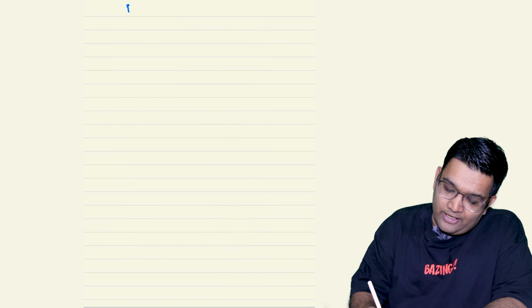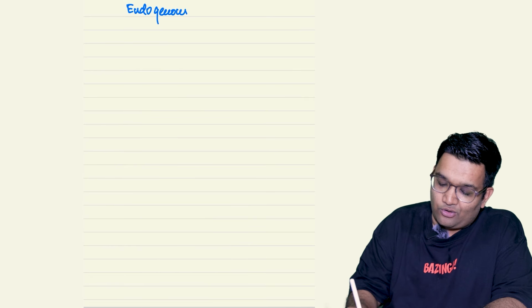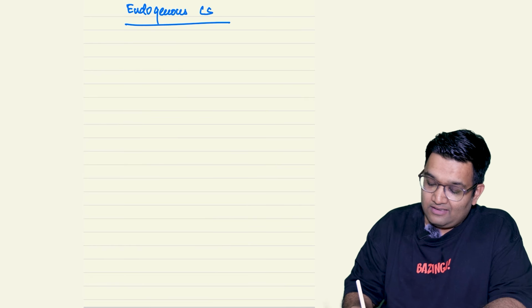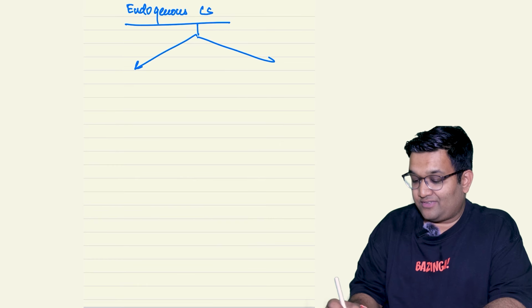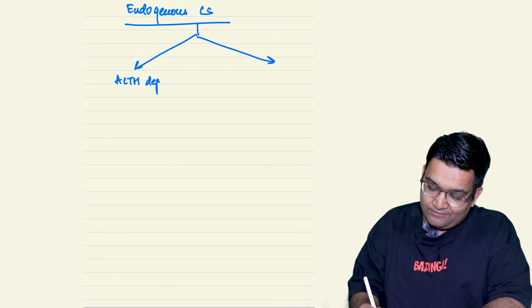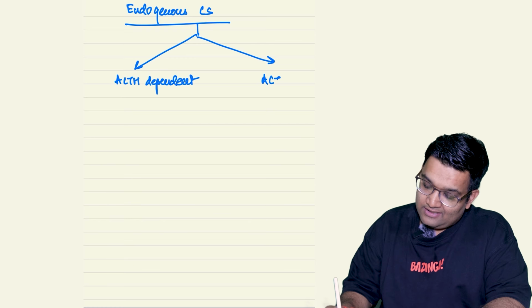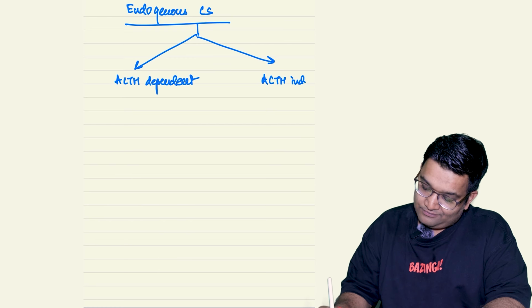Now coming on to endogenous. Endogenous Cushing syndrome, on the other hand, is divided into two types. One is the ACTH dependent or the ACTH independent.